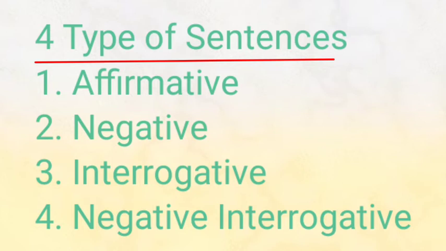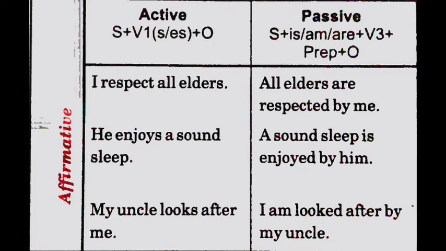And in each type of tense, there are further four types of sentences. Affirmative, negative, interrogative, and negative interrogative. So students, if we have a sentence in simple present tense, the general form is subject, then the first form of verb with s or es, and then the object.